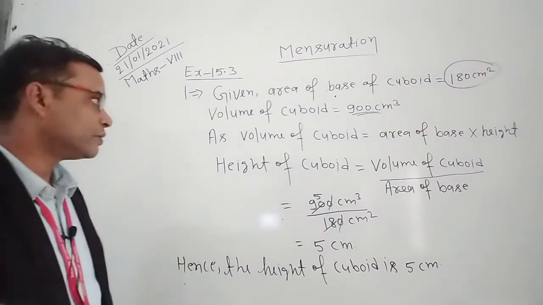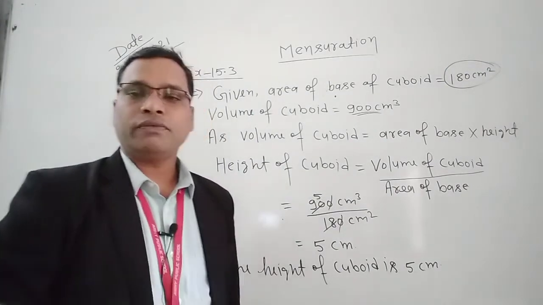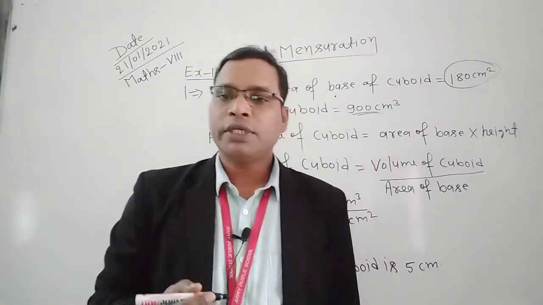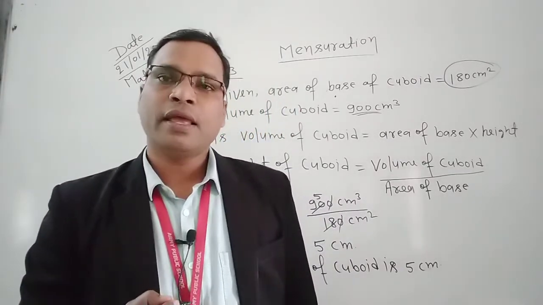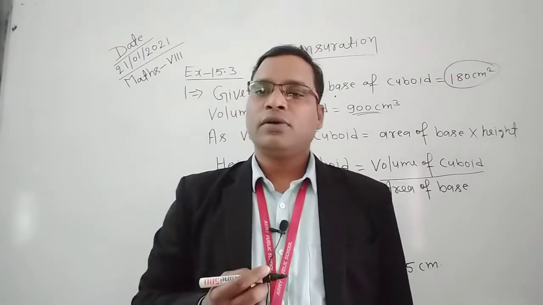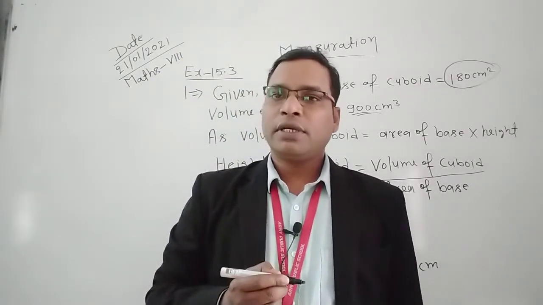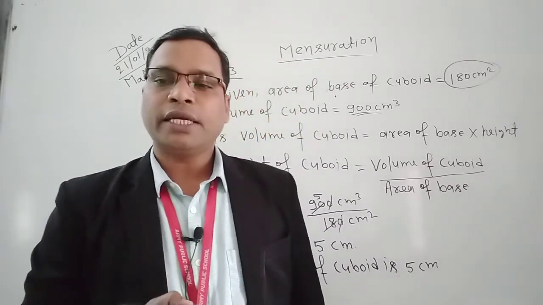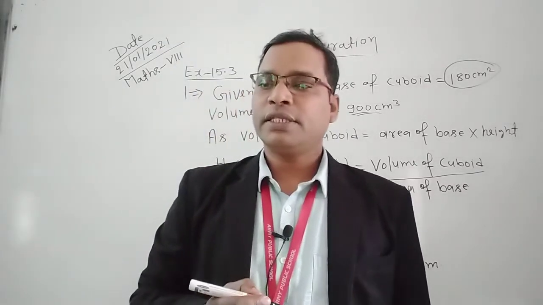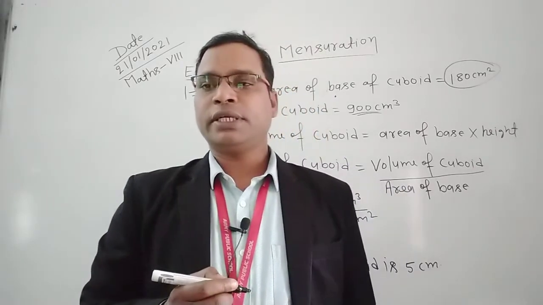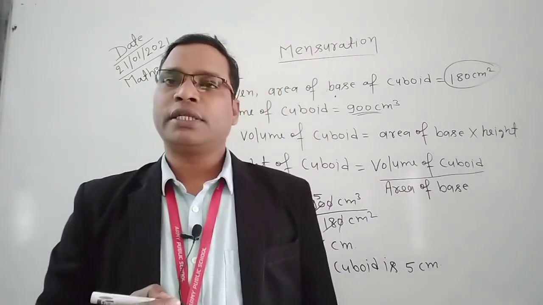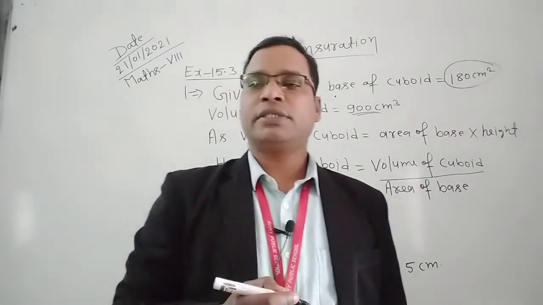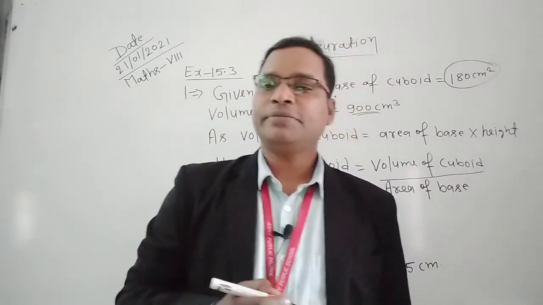So students, I hope all of you understood this question. Now we are going to discuss the second question of this exercise. What is the second question? Find the volume of a cuboid whose length is 36 centimeters, breadth is 30 centimeters and height is 24 centimeters. I repeat this question again.